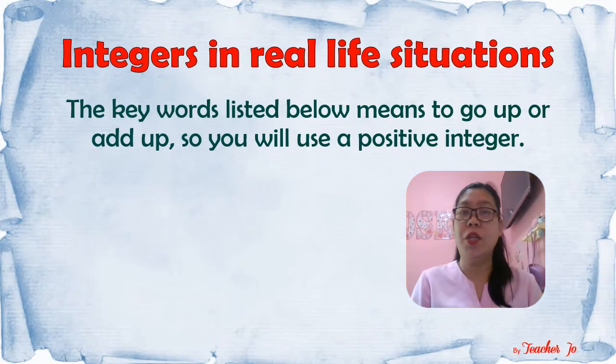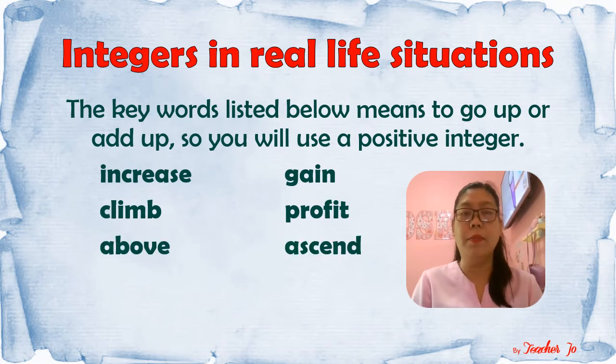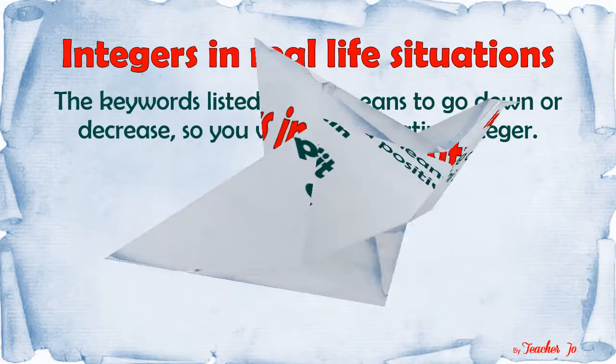To relate integers in our real-life situations, there are some keywords that we can consider. The keywords listed below mean to go up or add up, so you will use a positive integer, like increase, gain, climb, profit, above, ascend, save, and sum.